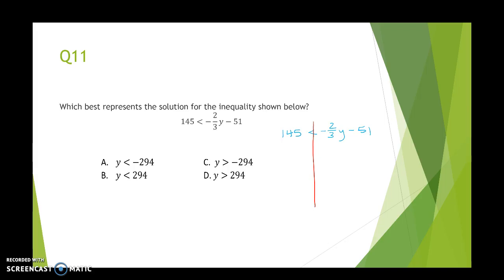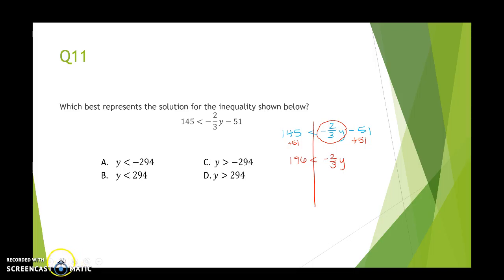So I know that I want to isolate my variable. So right now I have negative 2/3 y, and I want to get rid of everything else on this side. So I want to get rid of negative 51. So the opposite of subtraction is adding, so plus 51 plus 51. So 5 plus 1 is 6, 4 plus 5 is 9, 196 is less than negative 2/3 y.